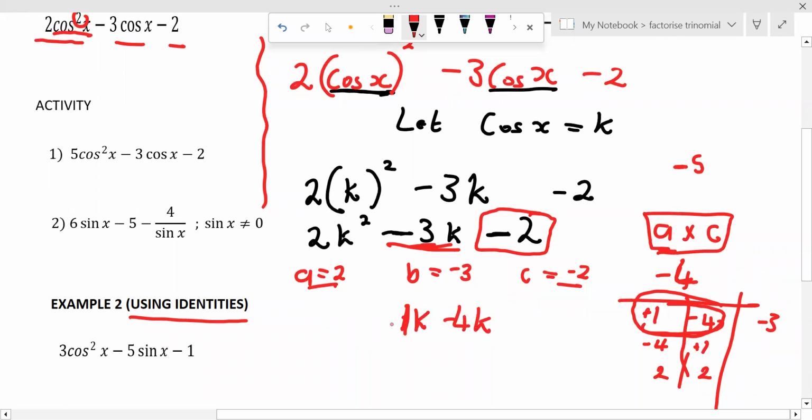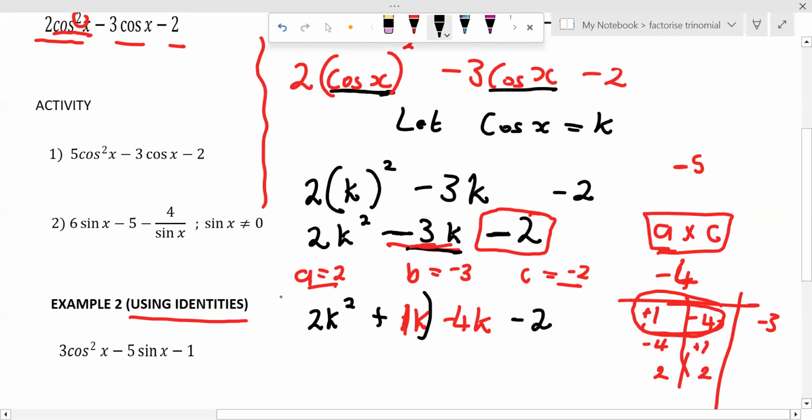Now, guys, you'll agree with me if I say 1k minus 4k is going to give me minus 3k. But what do I still have? I still have here 2k squared plus, here I still have minus 2. Now, as you can see, if you add these 2 things, they're going to give you minus 3k.